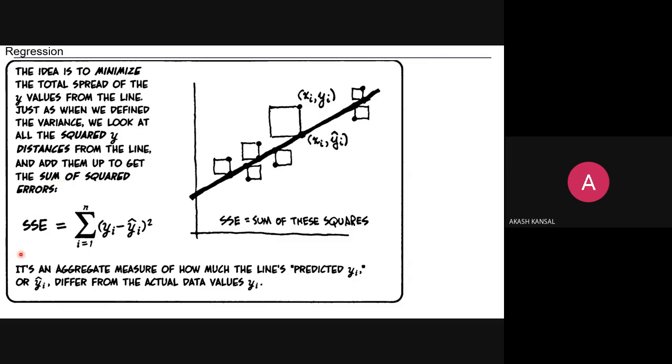The formula is just a summation of the squared differences of yi and yi cap. The yi cap are the points on the regression line, and yi are the actual values. So it's actual minus predicted, squared, and the sum of it is called SSE, sum of squared errors, right? So the aim is to minimize this sum of squared errors.